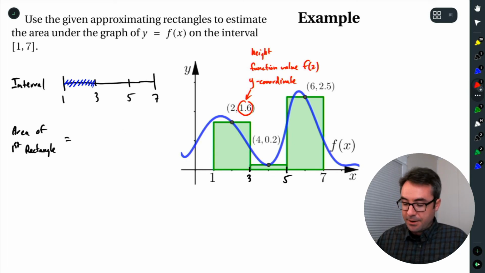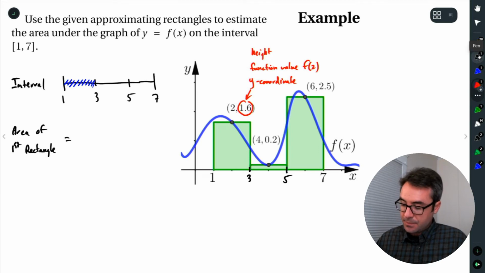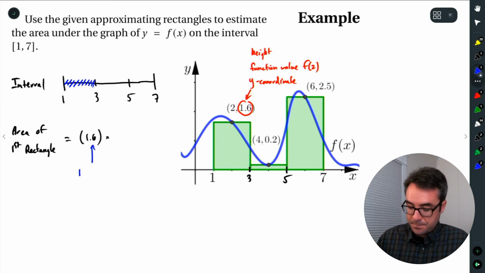So if we wanted the area for this first rectangle, we have the height value right here. So our height is going to be 1.6. And then what's the width? We need to figure out what the width is.